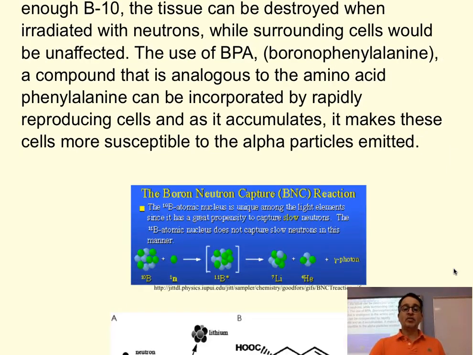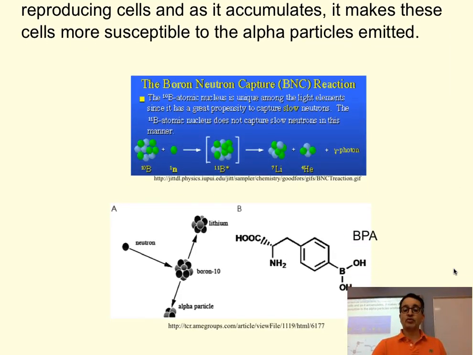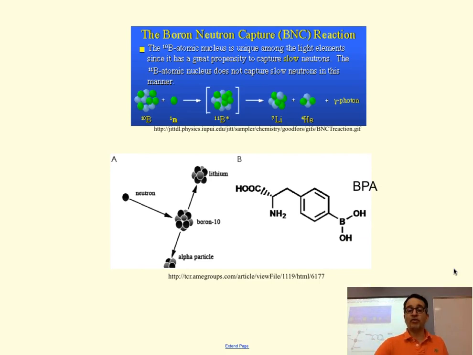All right. So here we have a little example of what the reaction would look like and what is the shape of the boronophenylalanine molecule. All right. So here we've got our boron 10. When we add a neutron, it becomes unstable boron 11, which will emit alpha and leave some lithium, and also some gamma radiation will be emitted.